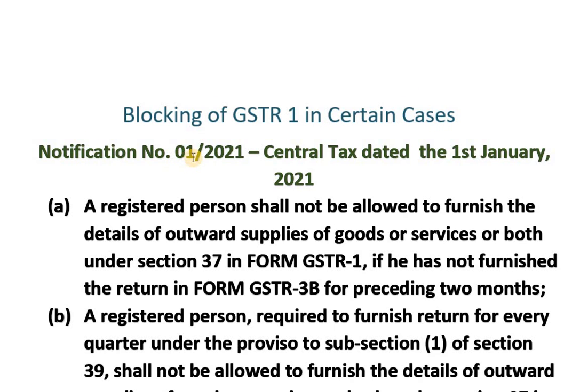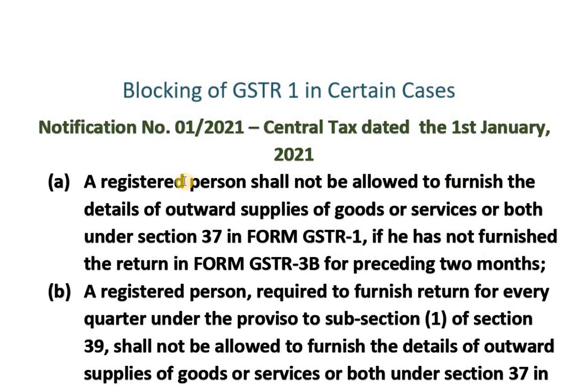Via notification number 1 of 2021, a registered person shall not be allowed to furnish the detail of outward supplies of goods or services or both under section 37 in form Gstr 1 if he has not furnished the return in Gstr 3B for preceding 2 months.